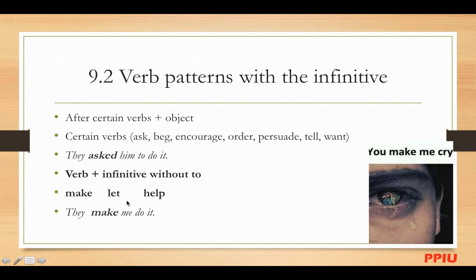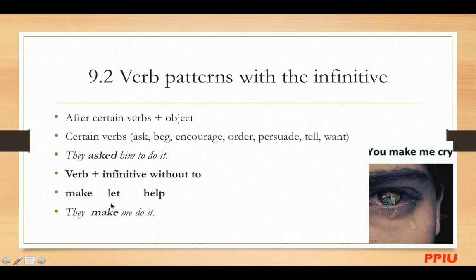However, in English, there are some verbs, but not many, that we use without to. We normally see three verbs in English that we use without the to-infinitive: make, let, and have. But sometimes with have we can use the infinitive and the gerund too, and the meaning is the same. In the example, they make me do it: subject, verb, object, and do it, without to.